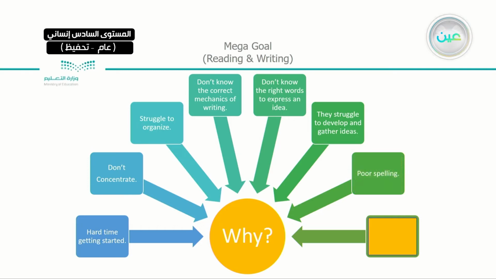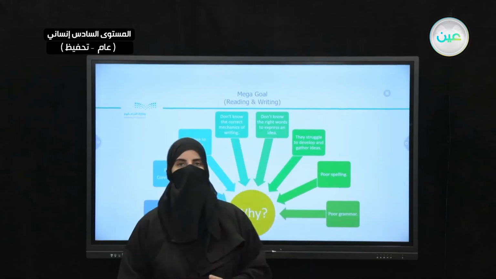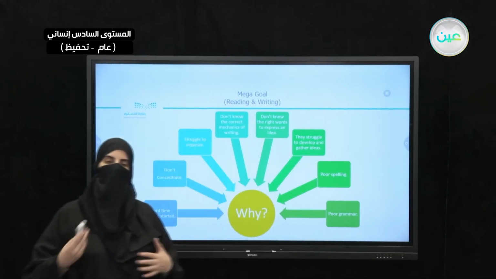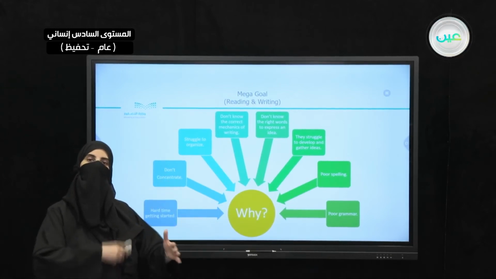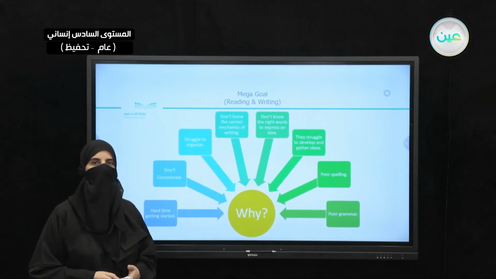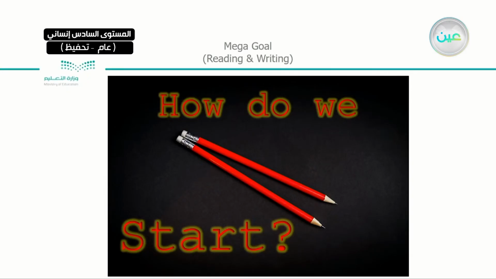Some have poor spelling, which makes them frustrated. And some have poor grammar, which is the same problem as poor spelling. They feel that there is a problem and they give up easily. So we're going to try to see what the solutions for writing skills are before we even start our writing. How do we start?